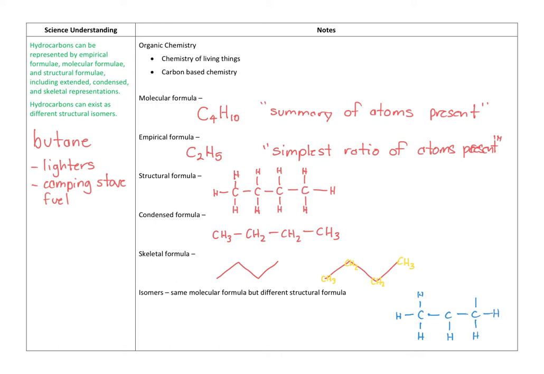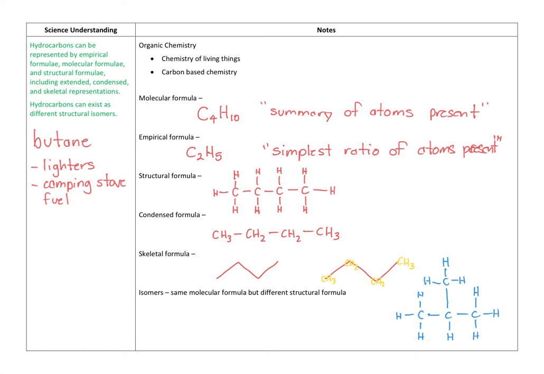We could count up there and we would see 1, 2, 3, 4 carbons. And this would have 1, 2, 3, 4, 5, 6, 7, 8, 9, 10.